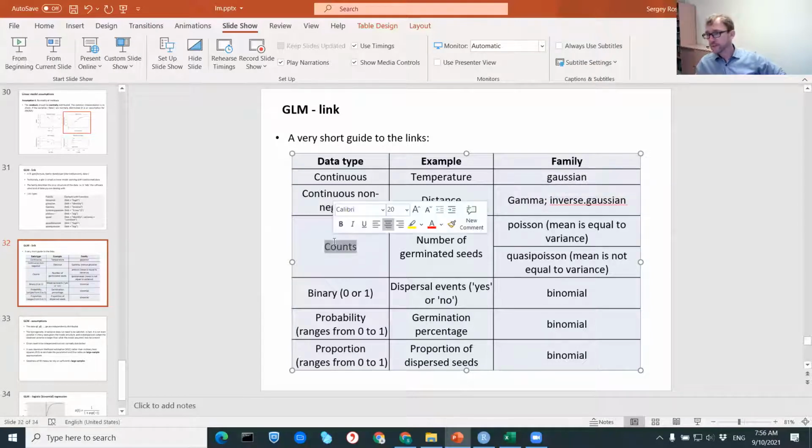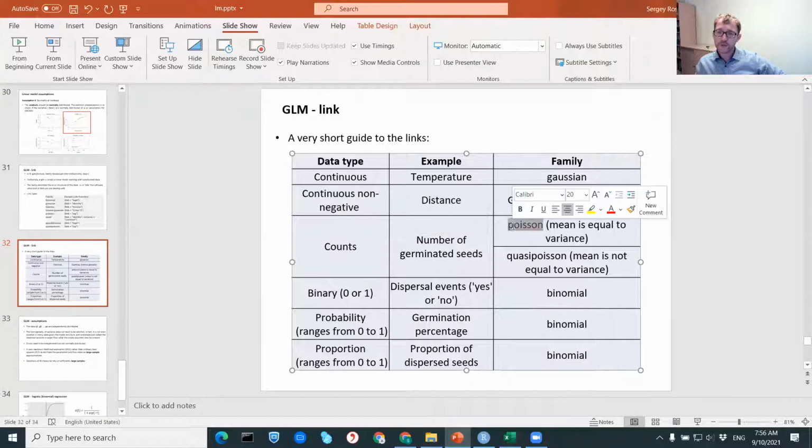When you work with counts, and this is mainly the case when we deal with, for example, seed germination, seed viability data, usually such data will follow the so-called Poisson distribution. They're always right skewed: you have a lot of zeros, a lot of values with 1 or 2, and then a few other classes which are less frequent.